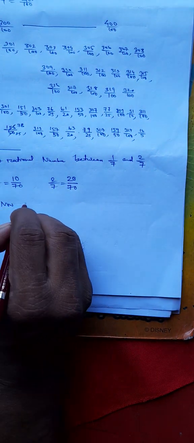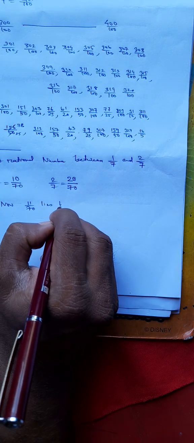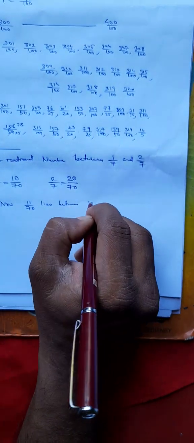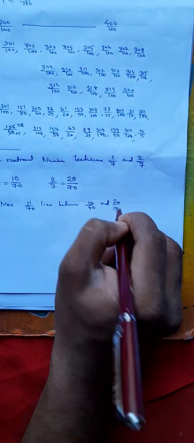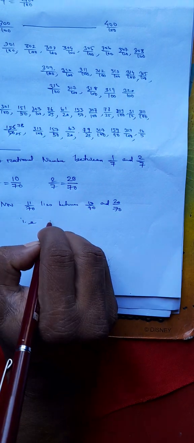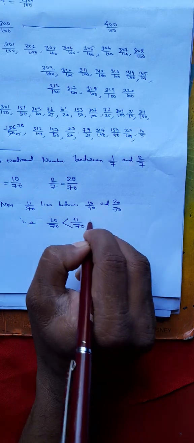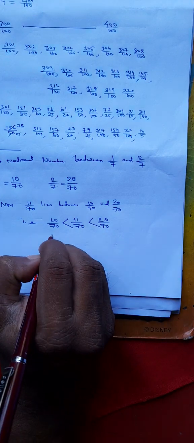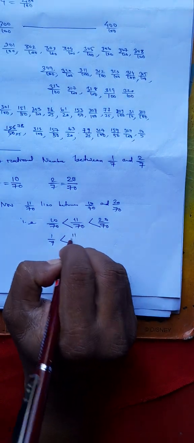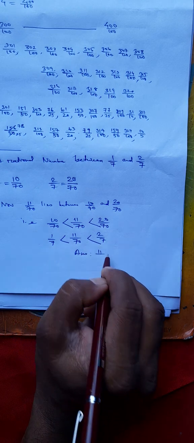Now 11 by 70 lies between 10 by 70 and 20 by 70. That is, 10 by 70 is less than 11 by 70, which is less than 20 by 70. Now 10 by 70 means 1 by 7, less than 11 by 70, less than 20 by 70 means 2 by 7. Therefore your answer is 11 by 70.